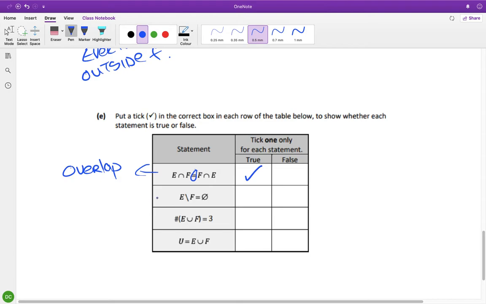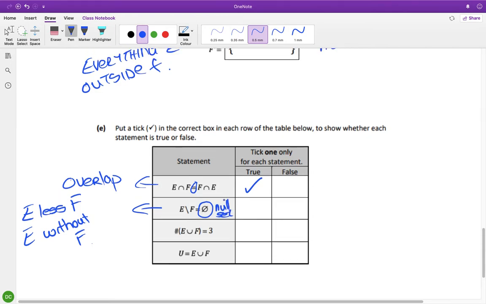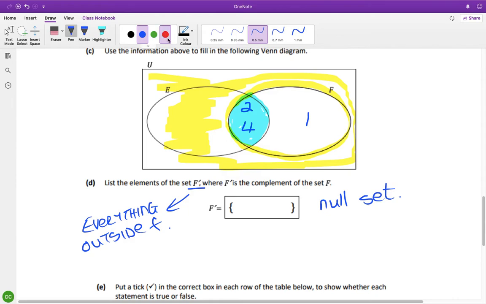Now this here, again, hopefully you did your study this week. It's E less F, or another way of saying it is E without F. They're saying E without F is a, and that symbol there is a symbol for a null set. So if we start with the set E, I know my highlighter is really starting to overlap here.